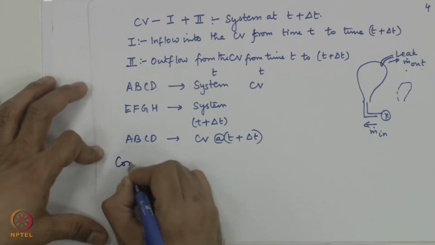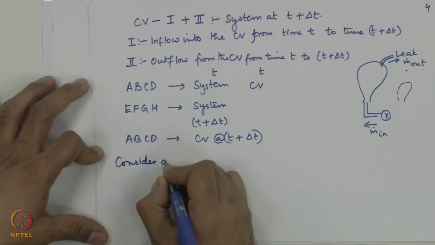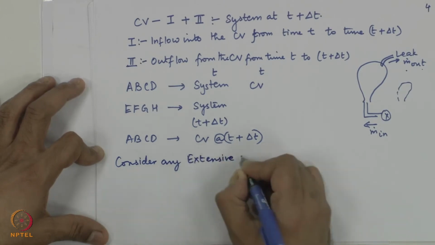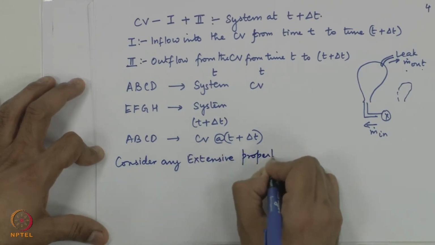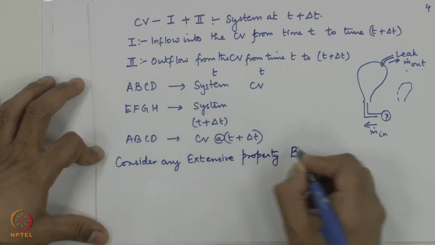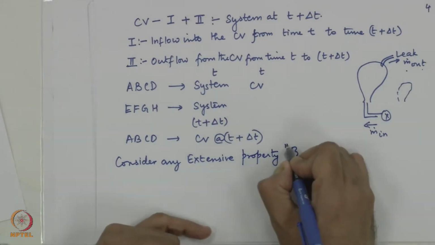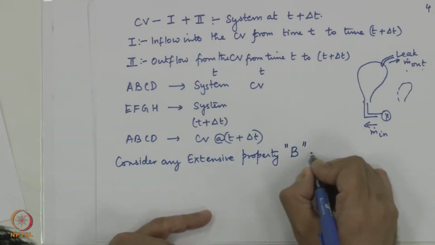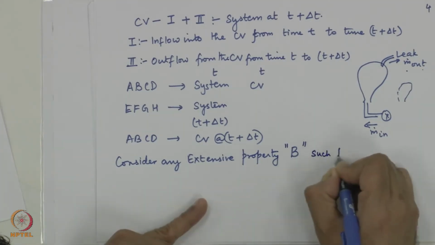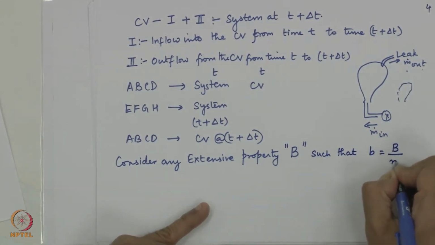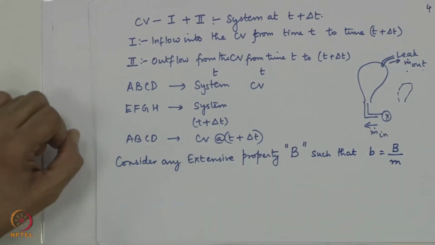So consider any extensive property. What is an extensive property? An extensive property is some property which depends on the mass. It could be total energy, total enthalpy. So we will take any extensive property B such that the corresponding intensive property is the extensive property divided by m.